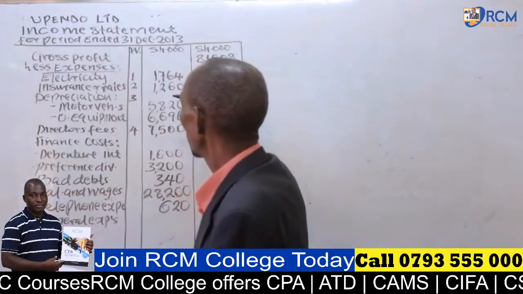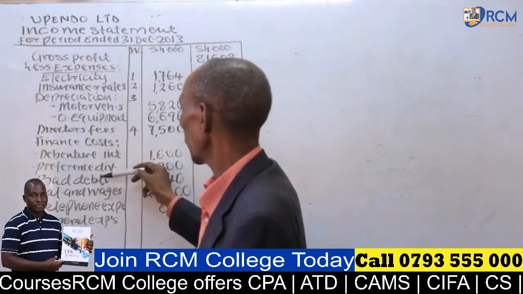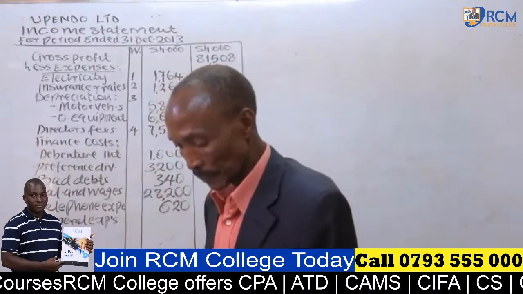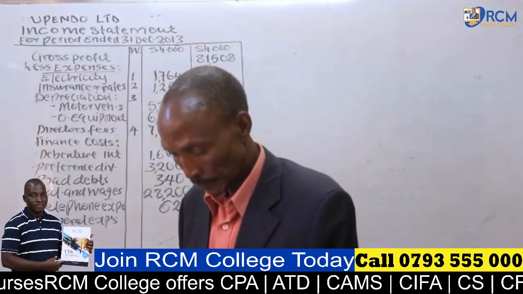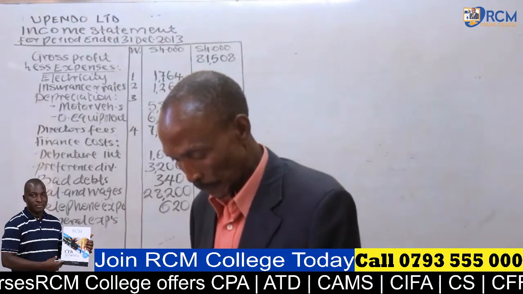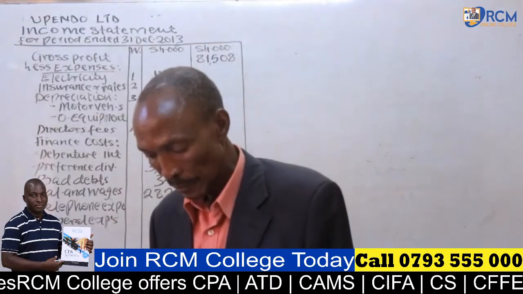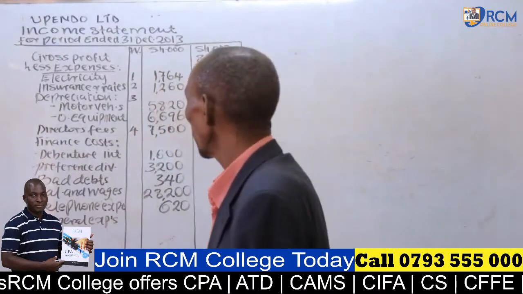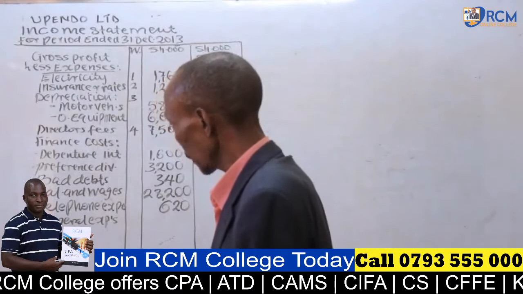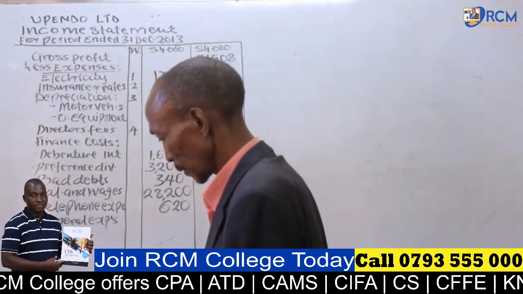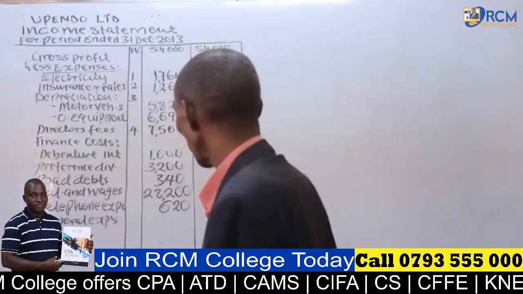That's fine. 1, 2, 3, 4, 5, 6. Your budgets, insurance, electricity, debenture interest. Yes, we have everything there. Then 300 and bonus.